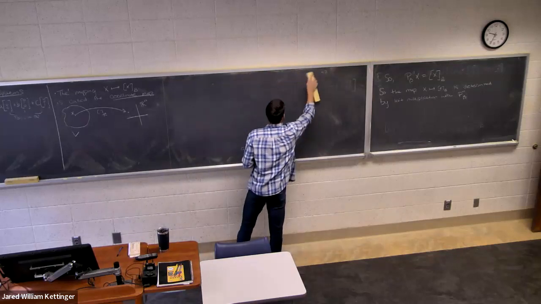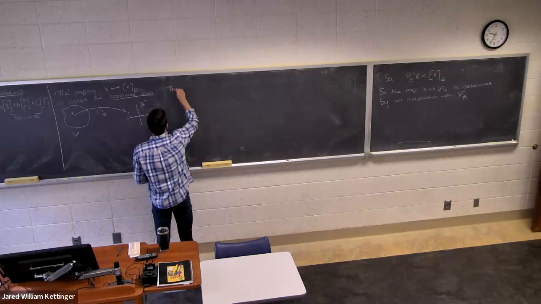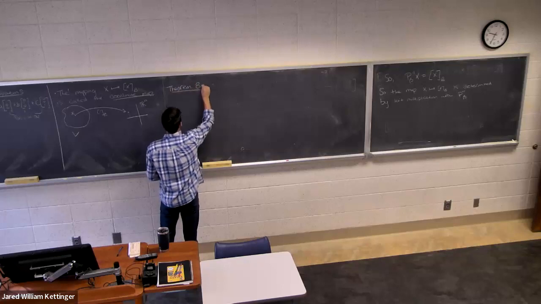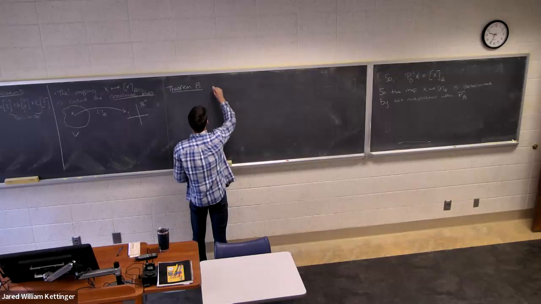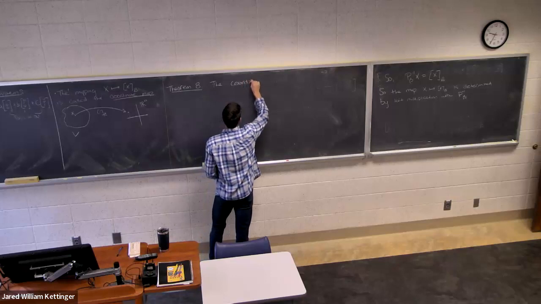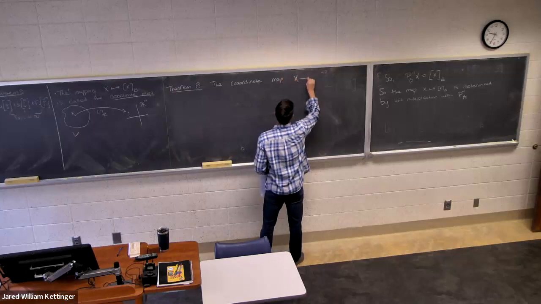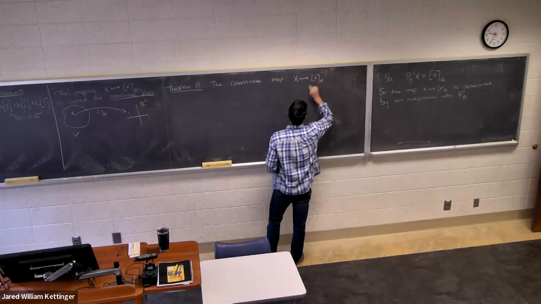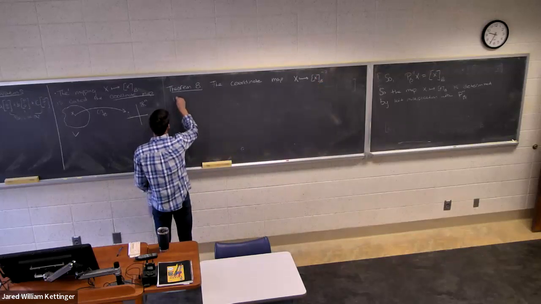We may call this the coordinate mapping theorem, but it's theorem 8. That says that the coordinate map takes us from our x and maps us to the beta coordinates of x, and it is a one-to-one linear transformation.